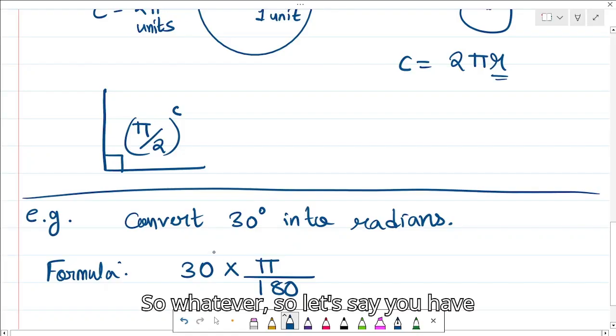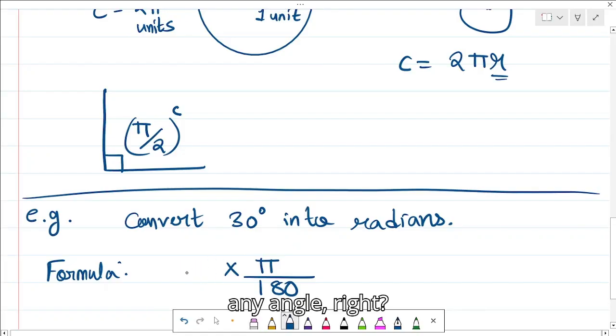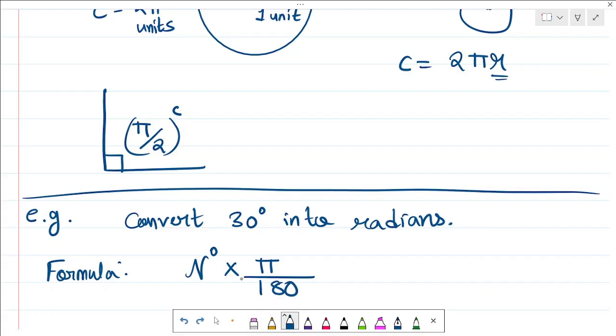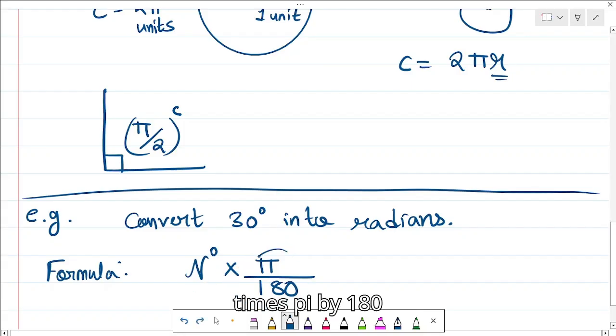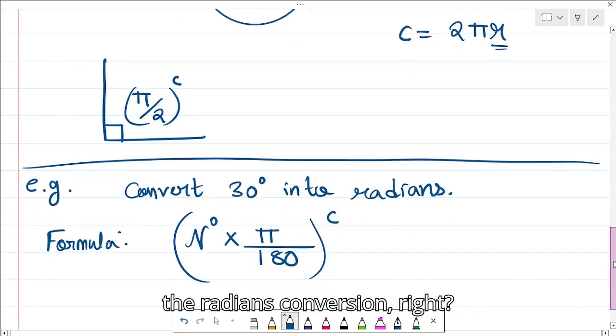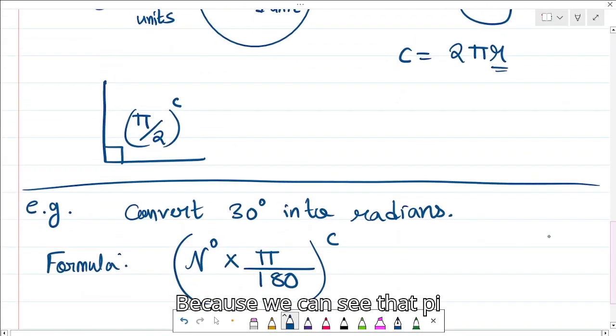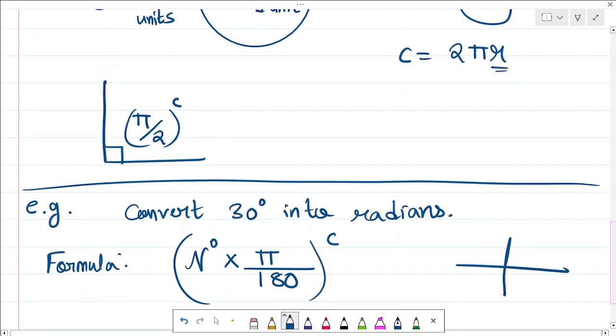So let's say you have any angle, right? Any angle in degrees times pi by 180 is going to be the radians conversion, right? Because we can see that pi radians is 180 degrees. So it's a conversion here.